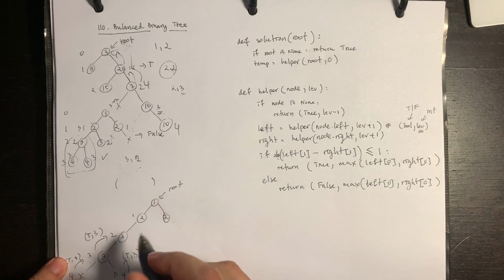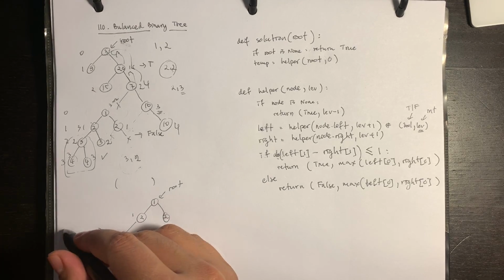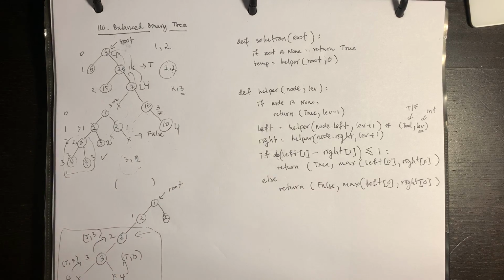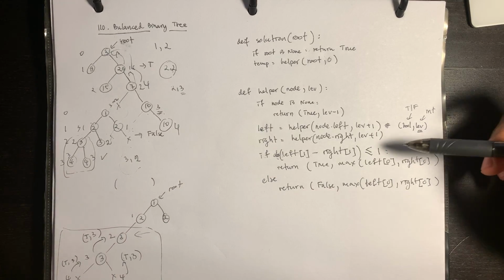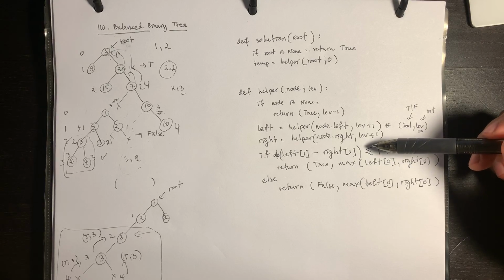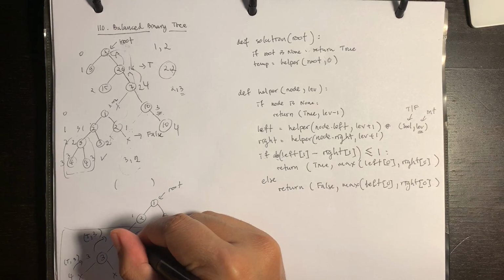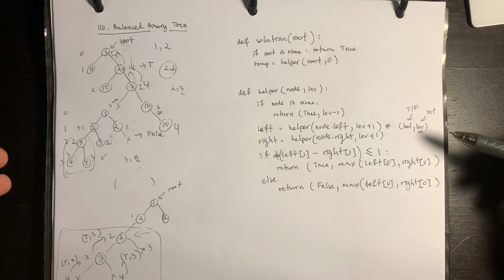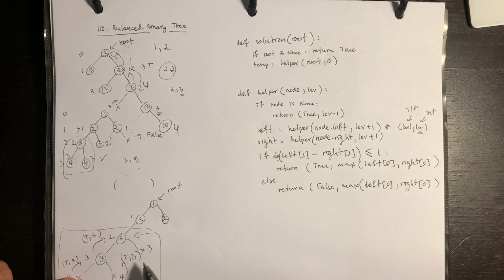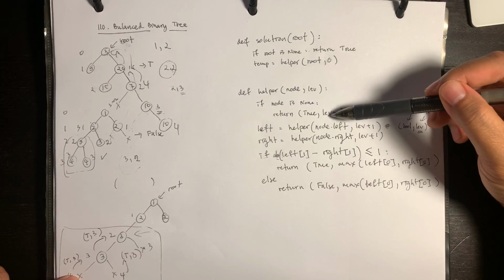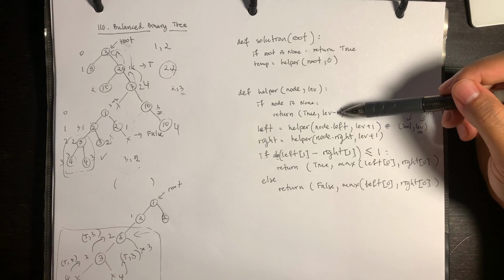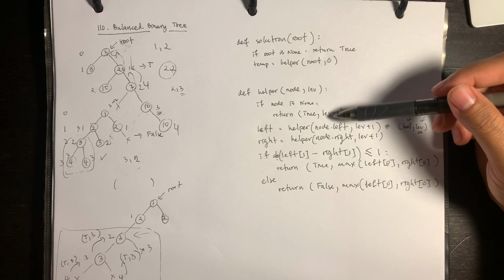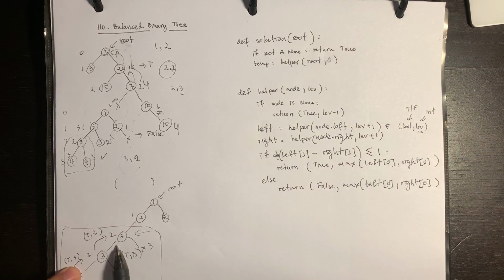Now we are on this stack frame, and then I try to call right. It passes 3, since this would be the child. However, this node is None, so it returns level minus 1, which is 2, back to this.